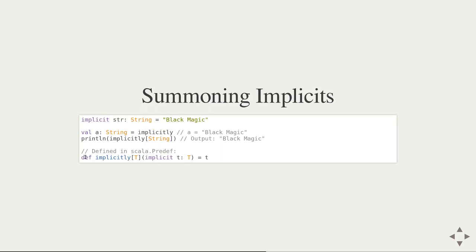Implicitly is defined as a function that takes a generic type T and an implicit variable of type T and then just returns it. So this allows you to pull that value out.